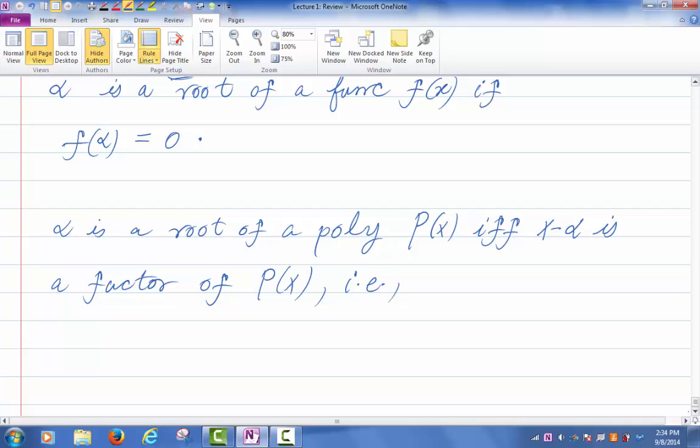So x minus alpha is a factor means x minus alpha divides the polynomial. If you divide the polynomial by x minus alpha, the remainder would be 0. In other words, you can write the polynomial p as x minus alpha multiplied with another polynomial q, where, what can you say about the degree of q?